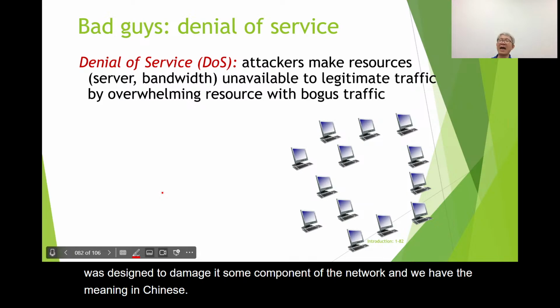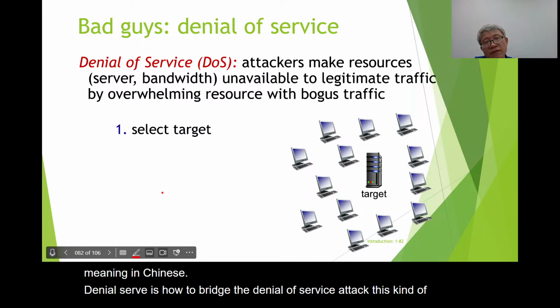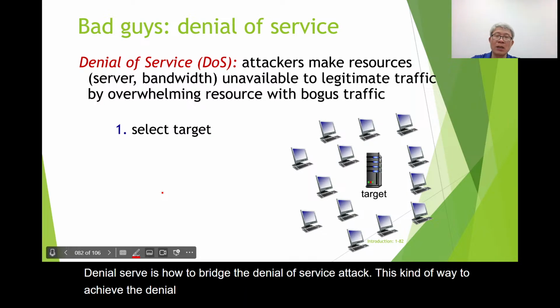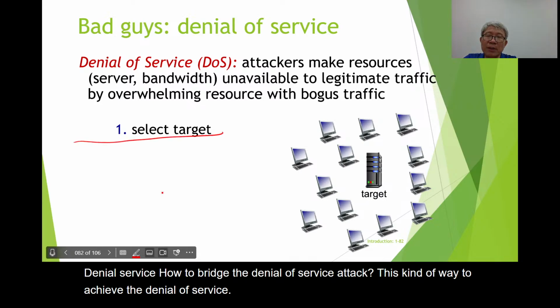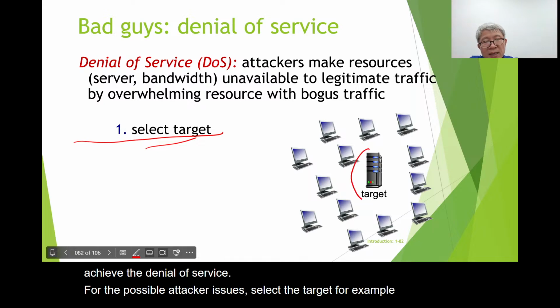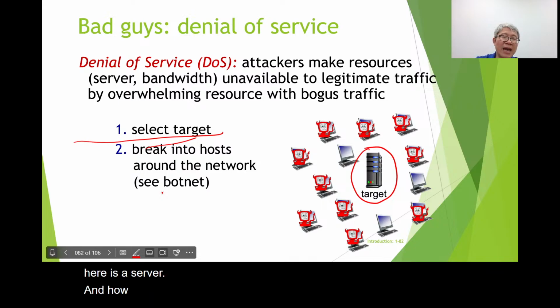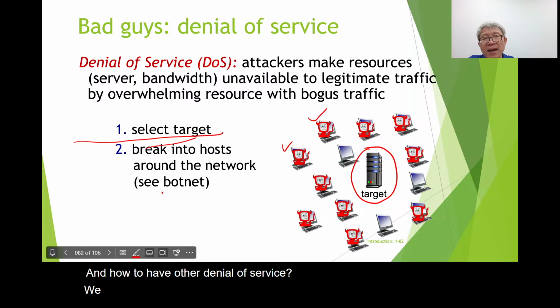Well, denial of service, how is a denial of service attack achieved? For the possible attacker, it should select the target. For example, the target here is a server. And how do we have the denial of service? We have nodes from the botnet.